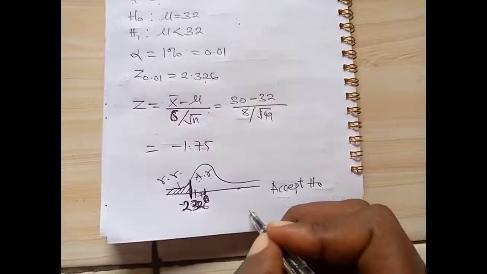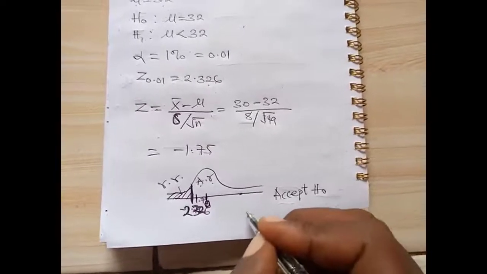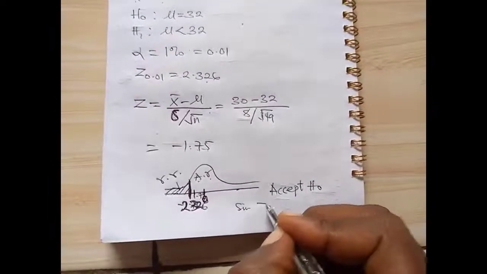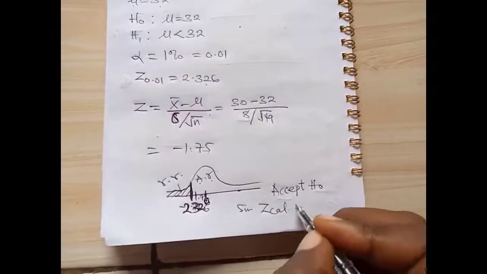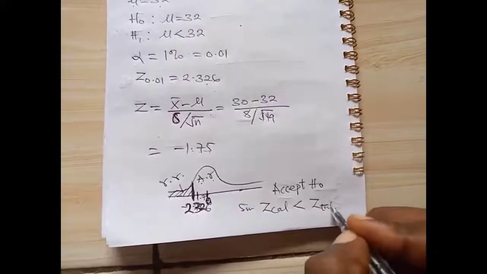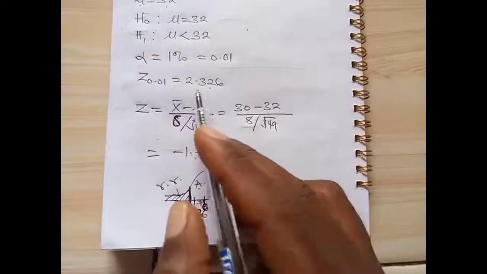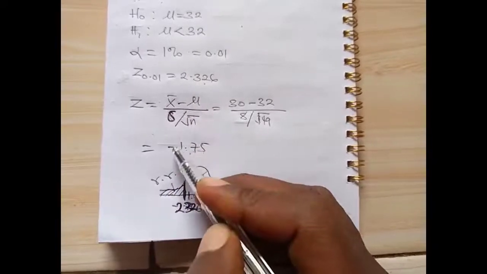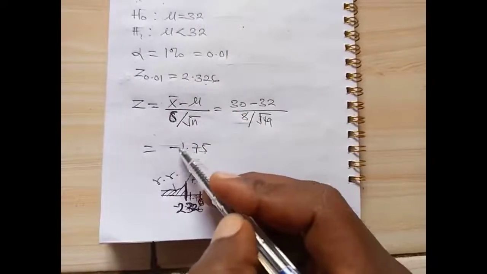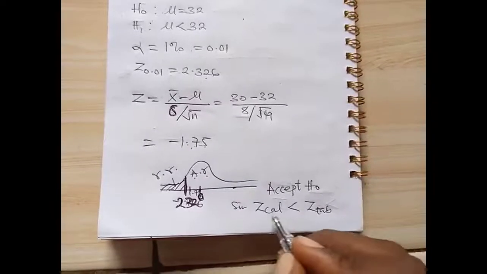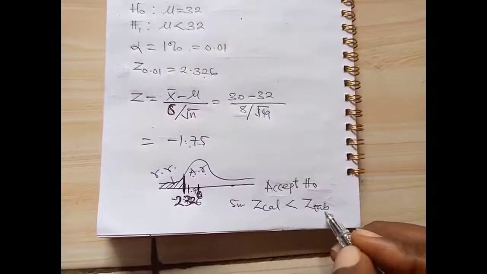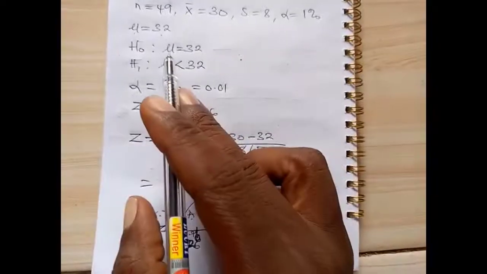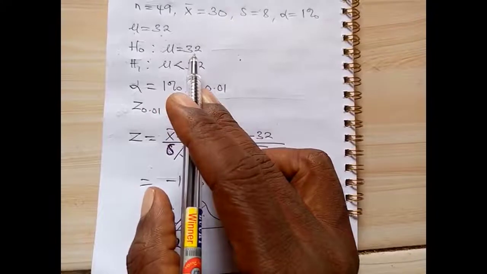So the conclusion will now be, another way to do it is, since z calculated is less than z tabulated, remember this is plus or minus, we are not checking it in terms of magnitude, this just shows the direction. So since z calculated is less than z tabulated, we accept H0 and conclude that mu equals 32. That will be our conclusion.